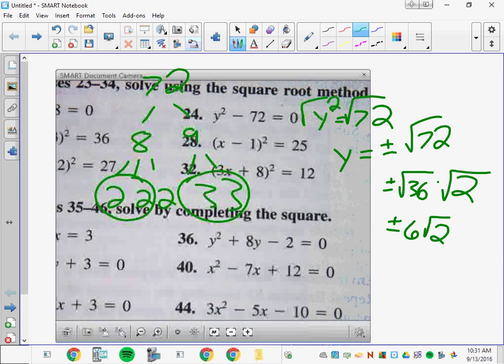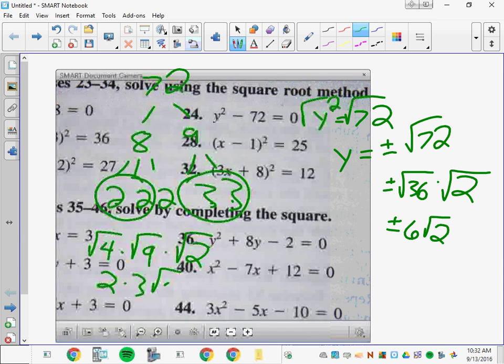And for every group you circle, you get to bring how many out? 1. Why? Because that's the square root of that number. The square root of 2 times 2 is 2. The square root of 3 times 3, or the square root of 9, is 3. So really what we're doing is the square root of 4 times the square root of 9 times the square root of everything left, which is 2. So 2 times 3 root 2, or 6 root 2.